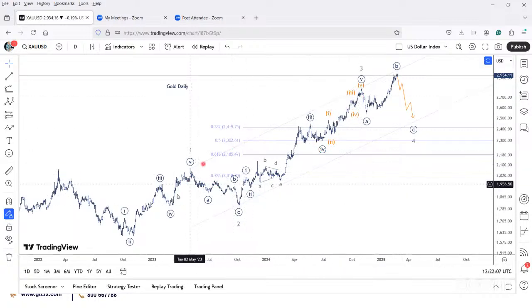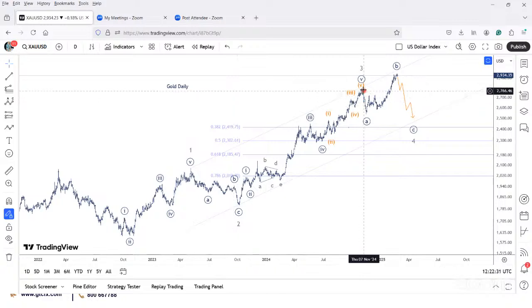Now, time and again, we have discussed the alternate count. When the second wave is a sharp one, as it is right now, wave 4 normally tends to take a complex shape. The only proposed complex shape for wave 4 as of now is an expanded flat.